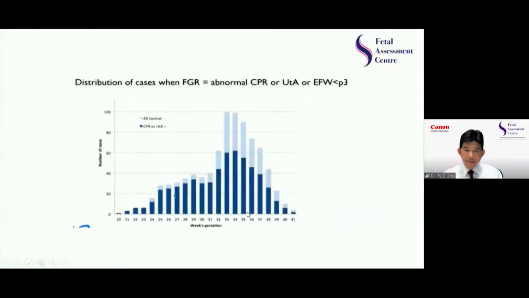Same here. But when we look at the same gestations, you can see that if we use either an abnormal cerebral placental ratio or a small fetus, then we pick up more and more of the late or term FGRs, whereby some Doppler abnormalities contribute to the majority of these fetuses. So we need to use different Dopplers when we look at late FGR.